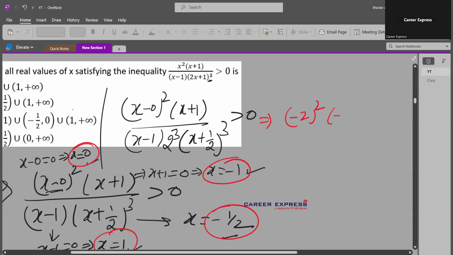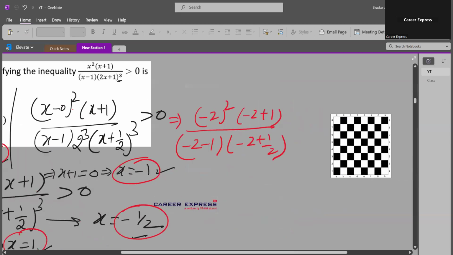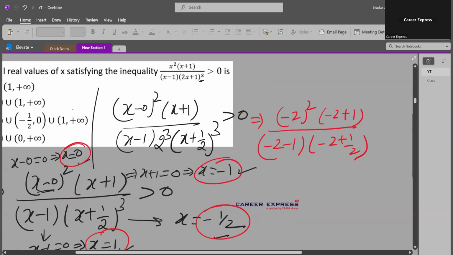Minus 2 square, minus 2 plus 1, minus 2 minus 1, and minus 2 plus half. So minus 2 square is 4, minus 2 plus 1 is minus 1, minus 2 minus 1 is minus 3. So we'll have 4, minus 1, minus 3, and this will be minus 3 by 2.